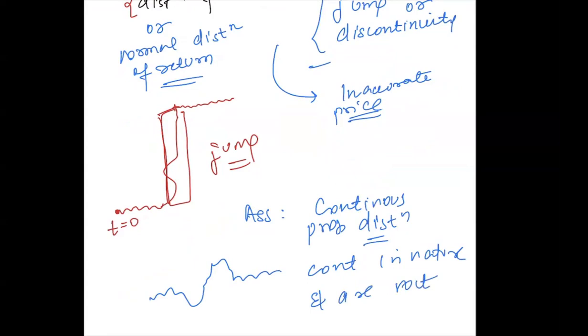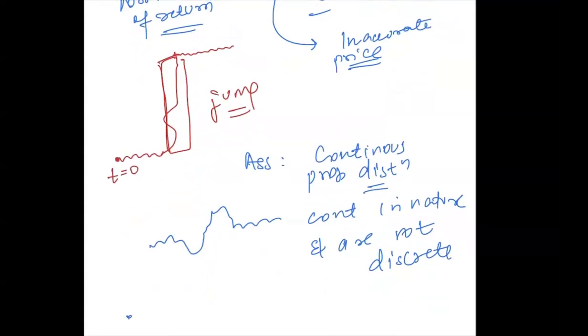What discrete means is if you see a sudden jump like this, these jumps are not allowed in the log normal distribution. But we know there have been situations wherein the stock price has suddenly gone up and suddenly gone down. These kinds of situations are not captured by log normal distributions.